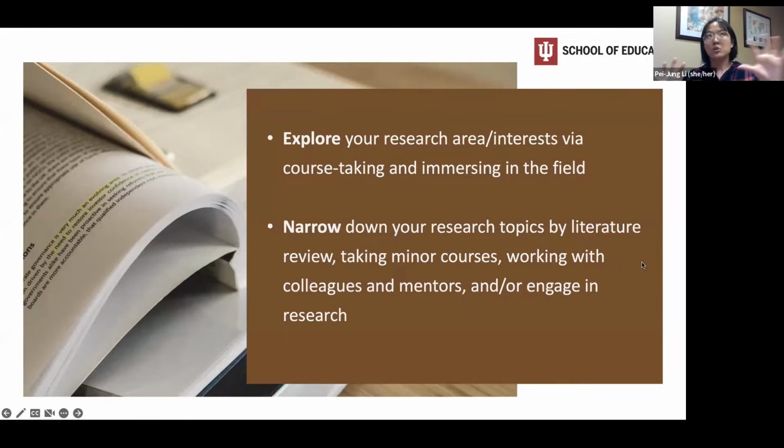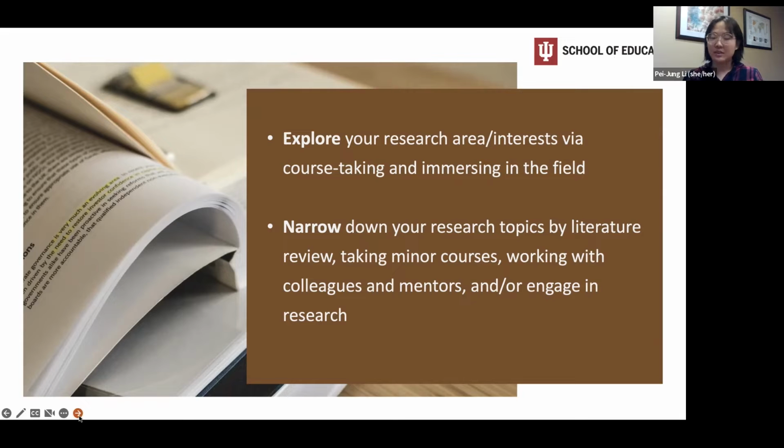And then after you have an idea of the area that you want to dive into, the next step is to narrow down your research topic and later maybe a general research question. This is usually done by literature review, which I know a lot of graduate students really hate, but it's actually really beneficial.